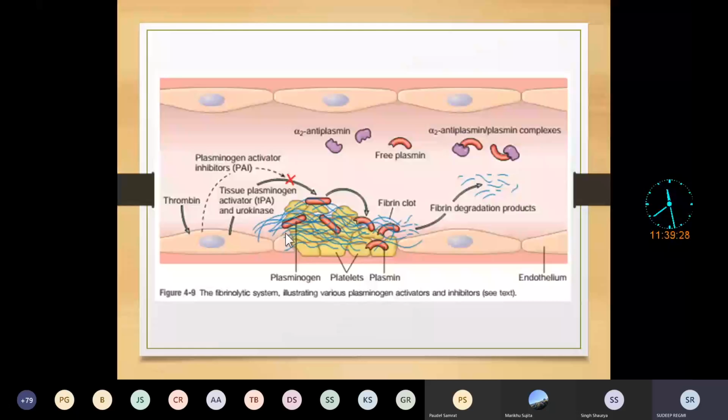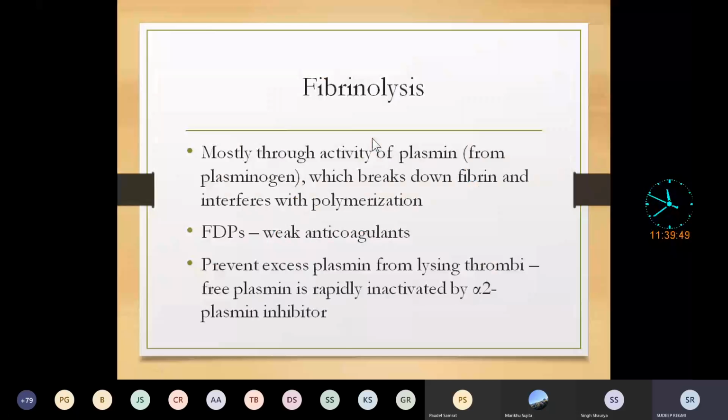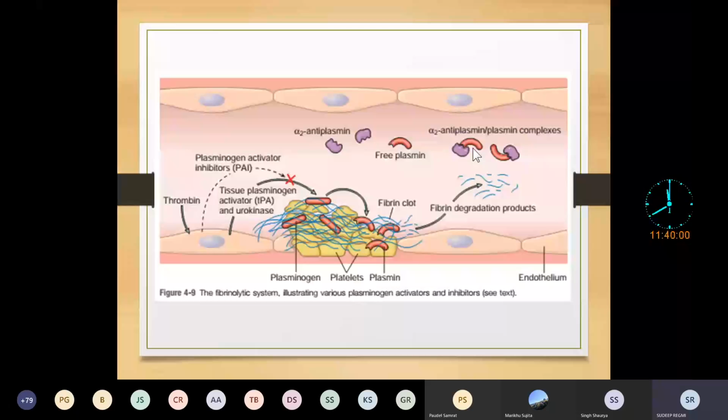So apart from this area, if there is presence of a fibrin clot, there should be plasmin, okay, plasminogen, which breaks down the fibrin and interferes with polymerization. Here you can see there is breakdown of the fibrin strands by the plasmin.